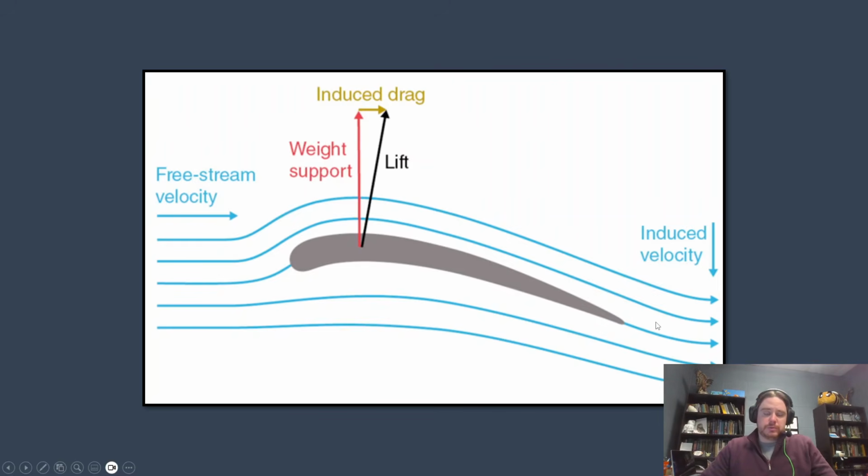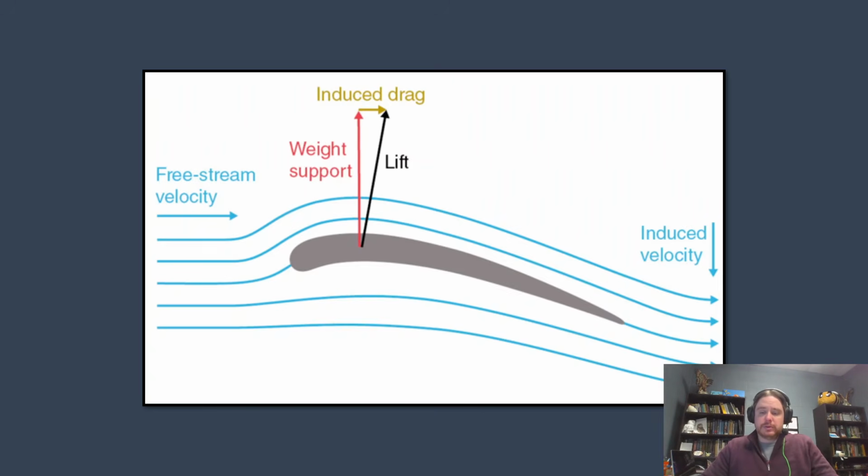As we know from Newton's laws, if we recall physics, any force in one direction generates an equal and opposite force in the other direction. So a really simple way of thinking about the production of lift is that any downward induced velocity has to generate a force in the other direction, which is up, and that force is what generates lift.